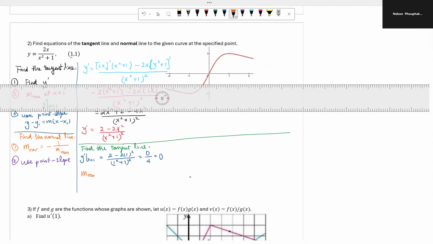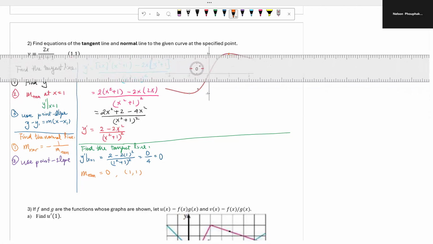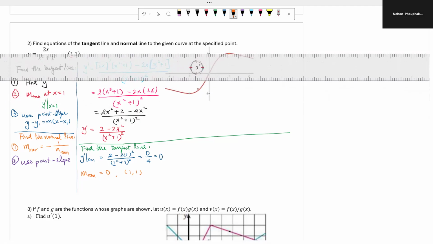So the slope of the tangent is equal to 0, and then we have the point 1, 1. This is the curve y equal to 2x over x squared plus 1. Then at x equal to 1, at this point here, the slope of the tangent line is equal to 0.